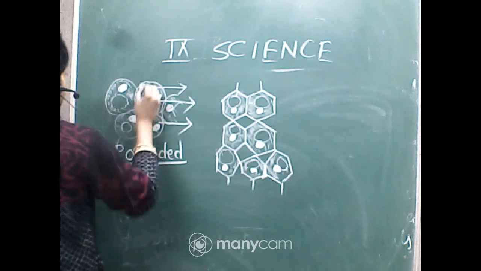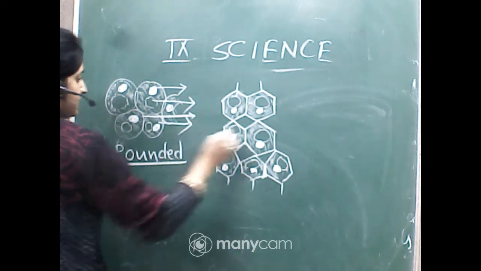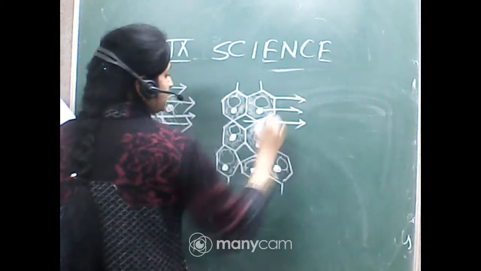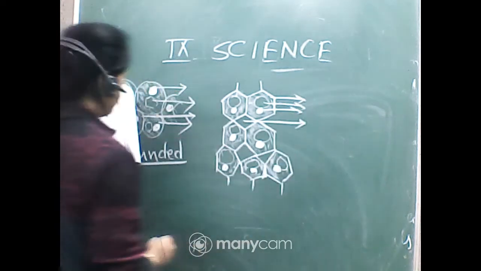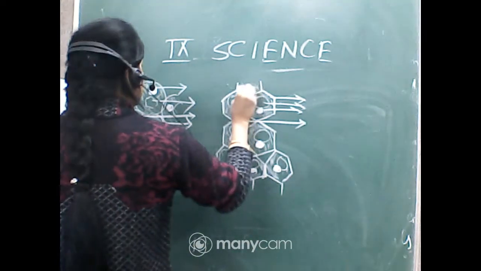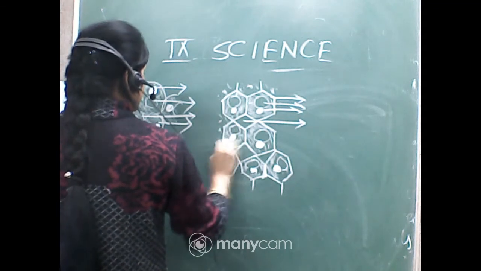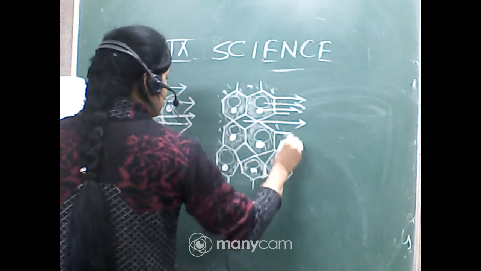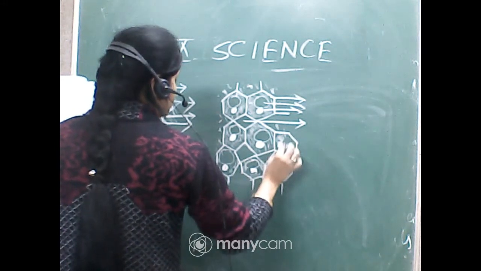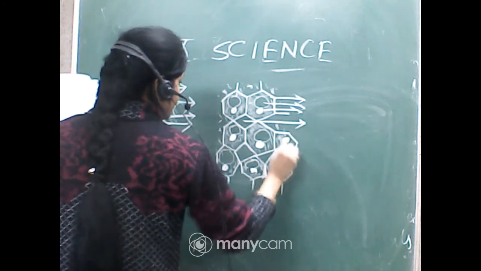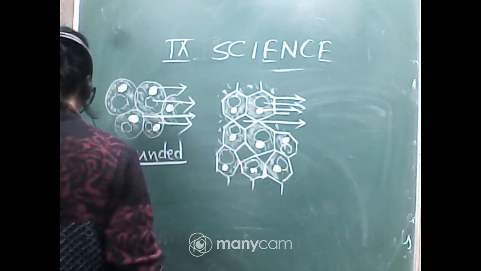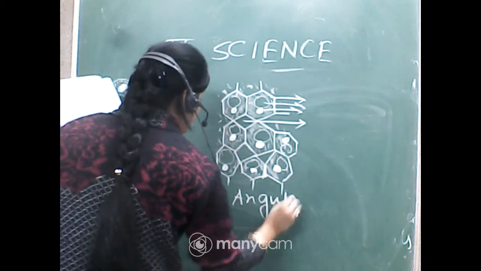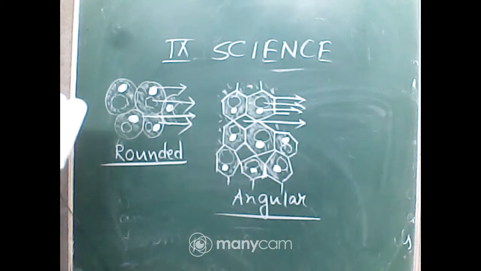You can add another point, intercellular spaces. Same labels: nucleus, cytoplasm, vacuole. So this one is angular.